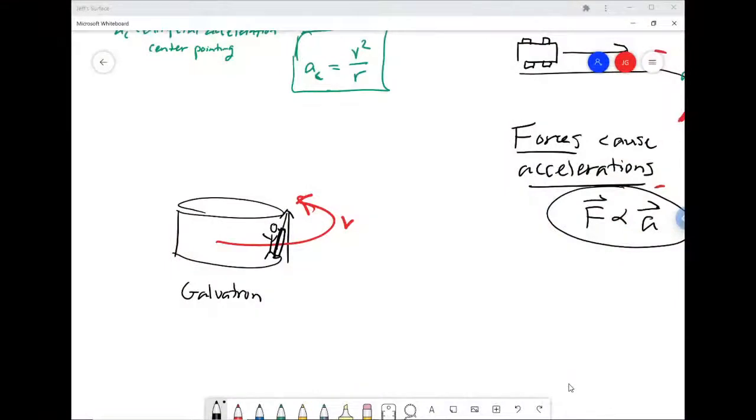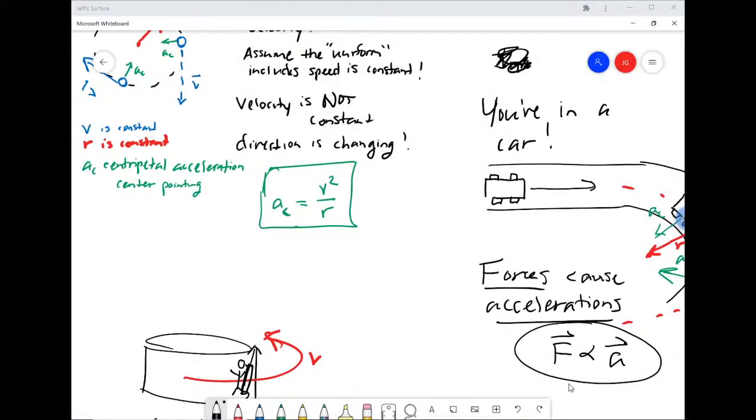We can see, in this definition of centripetal acceleration right here, that the acceleration you experience is proportional to how fast you're traveling squared. So the faster you go, the more acceleration you have, and that means the more force is necessary to experience that acceleration.